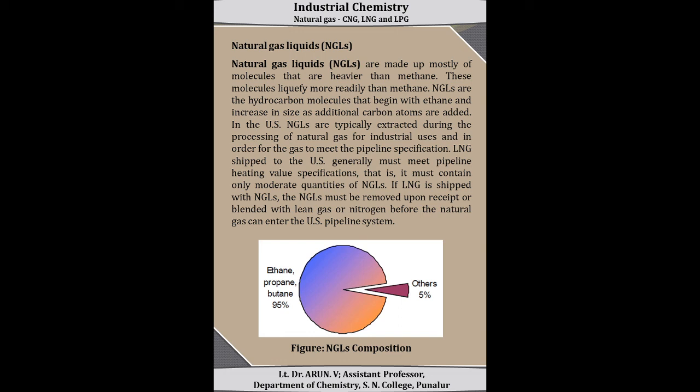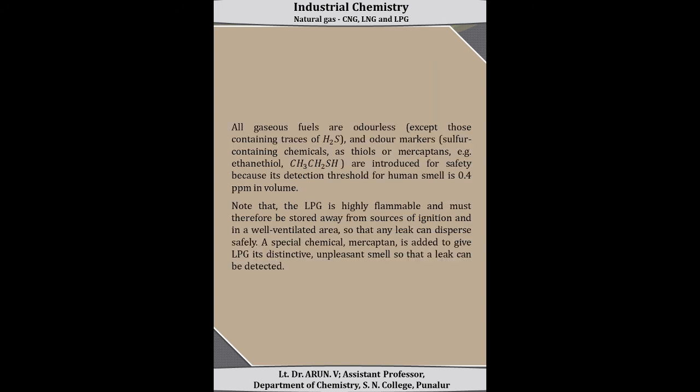This is the general composition of NGL gas: the major portion consists of ethane, propane and butane, which constitutes around 95%, and 5% other gases. All these gaseous fuels are odorless except those containing traces of H2S, and odor markers are introduced for safety because the detection threshold for human smell is 0.4 ppm by volume.